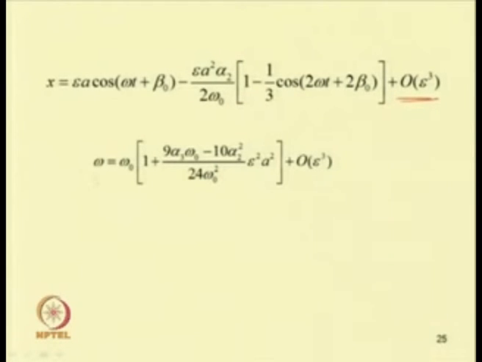Or we can write ω equal to ω0 into (1 plus (9α3ω0² minus 10α2²) ε²a² by 24ω0⁴). We have taken ω0 common. For linear systems only the first term is there, and for nonlinear systems this is the part added to the frequency of the system.